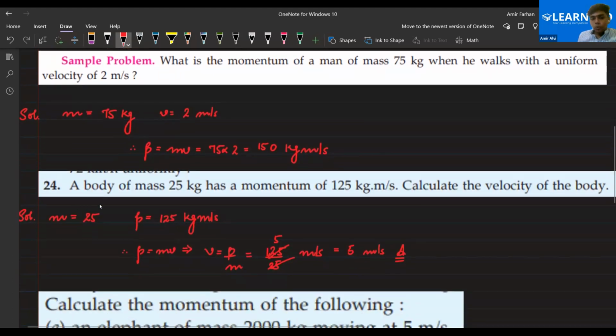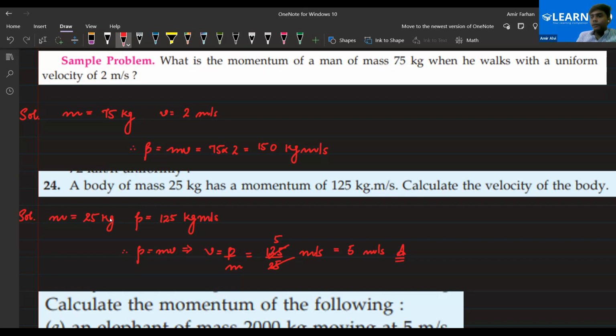As you can see, two things are given to you. One more thing I've seen in the exams while checking the answer sheets is that most of the students do not mention the units. In physics, units are the most important thing. If you do not mention the units, how is it possible to determine which quantity it is?